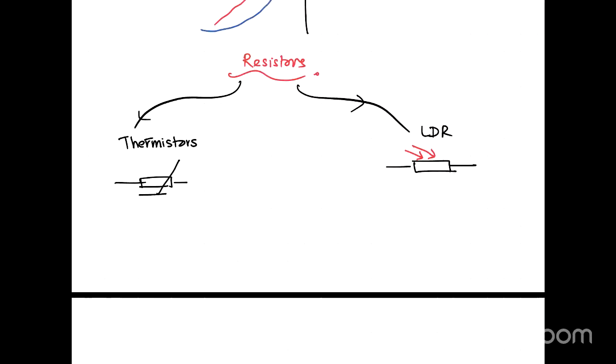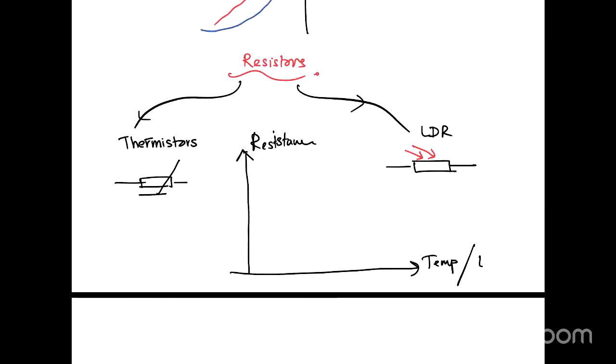And for these two, you have the same graph. Here it is going to be the resistance, and the x-axis can be the temperature if we are dealing with the thermistor, and if it is the LDR, the light intensity.